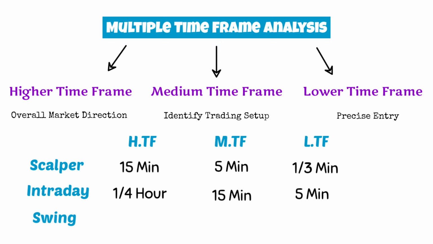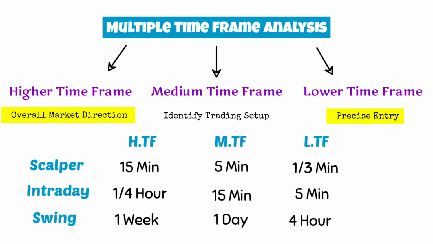And if you're a swing trader, you can use the weekly chart to determine the overall trend, the daily chart to identify the setup, and the 4-hour chart for your entry. Remember, the exact combination isn't as important as understanding the role of each time frame. The higher time frame tells you the direction, while the lower time frame helps you enter with better precision.